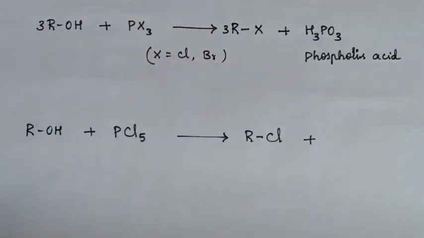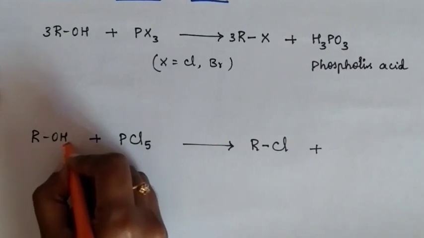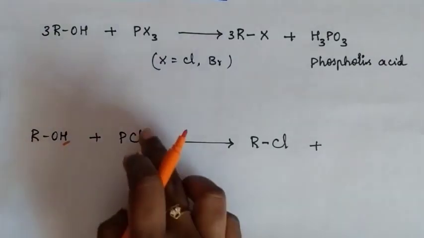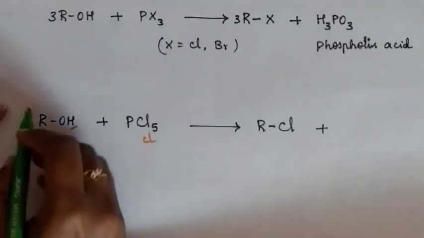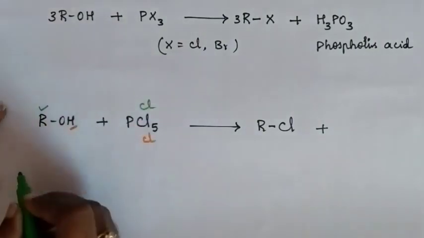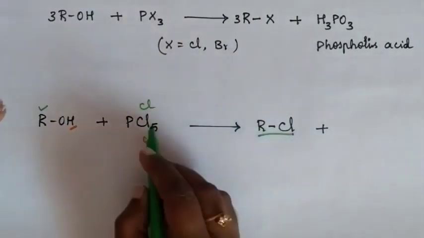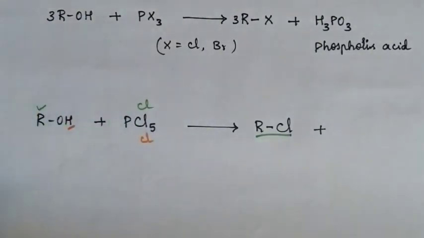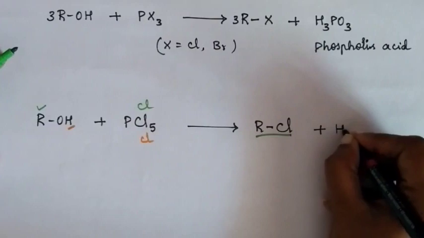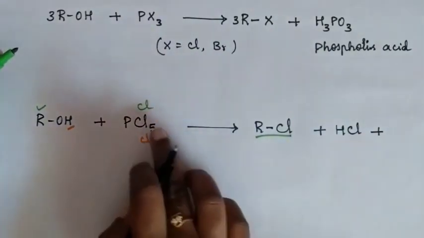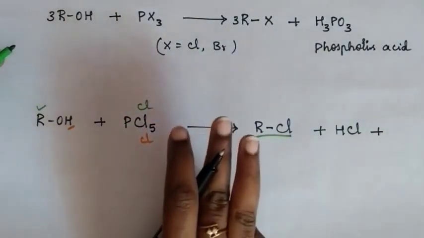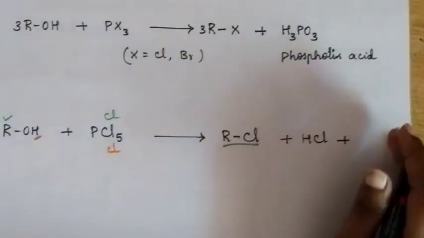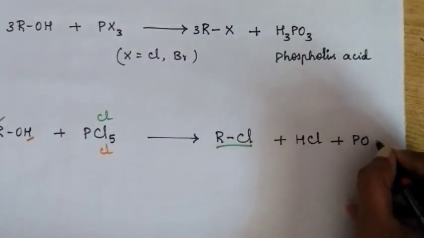Now observe carefully. H is going to react with one of the Cl. This R is bonded with one Cl already, so RCl is done. 4 Cl left here. One of the Cl is going to react with hydrogen, so you will get HCl. Now how many Cl are left? 3 Cl, 1 phosphorus and 1 oxygen. So you can write POCl3.